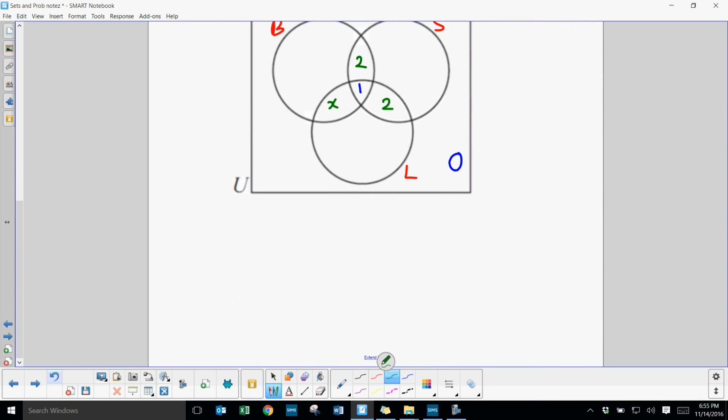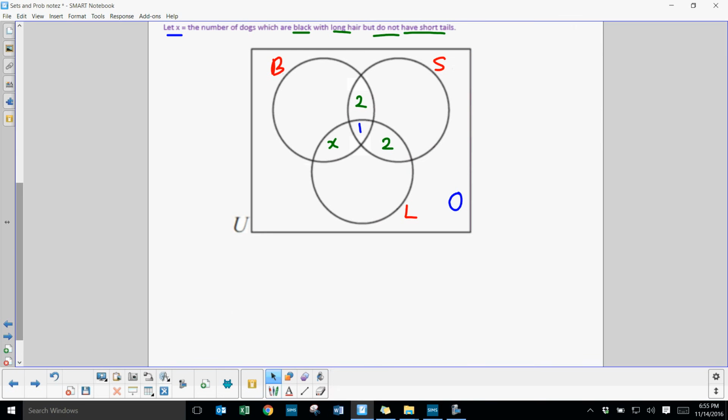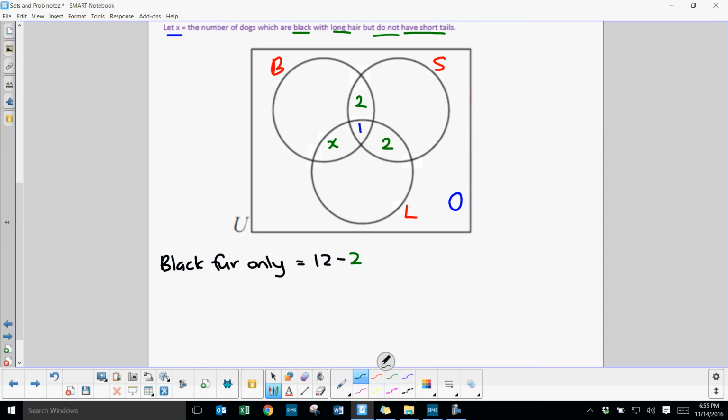We know the total circle for black fur should add up to 12. So black fur only must be equal to 12, which is what the total circle adds up to, minus 2, minus the 1 in the center, and minus x.